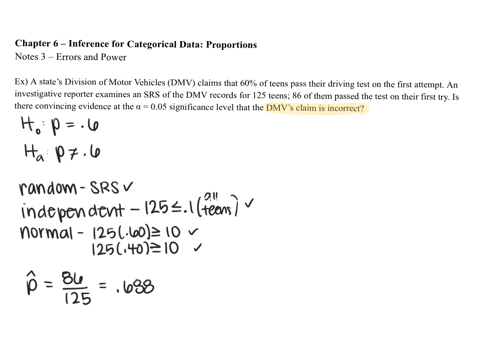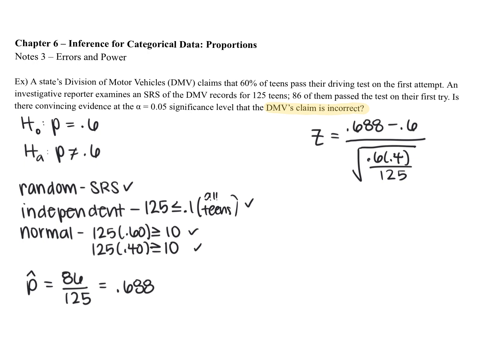So if I have an exact value for p hat, I'm going to use it. So now for my z-score, we're going to do 0.688 minus 0.6 divided by our standard deviation, the square root of 0.6 times 0.4, all over 125.